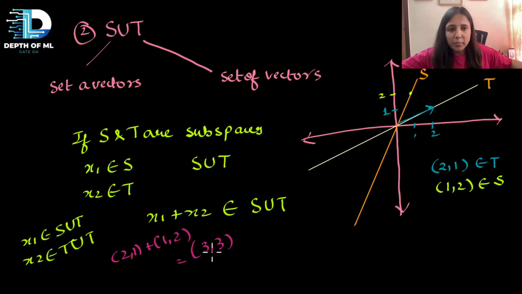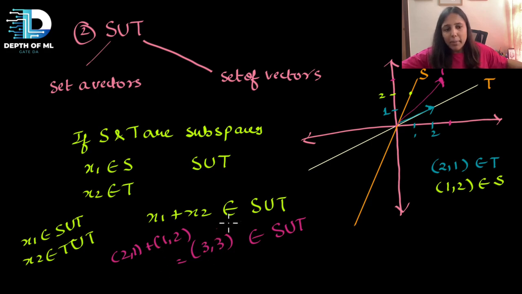Now where is 3 3? So this is 3, this is 3. So this vector is going to be somewhere here, right? This is the vector 3 3. This does not belong to S union T, right? All the vectors that are on this line are in S. All the vectors that are on this line T are in T. But I have taken just one counterexample.